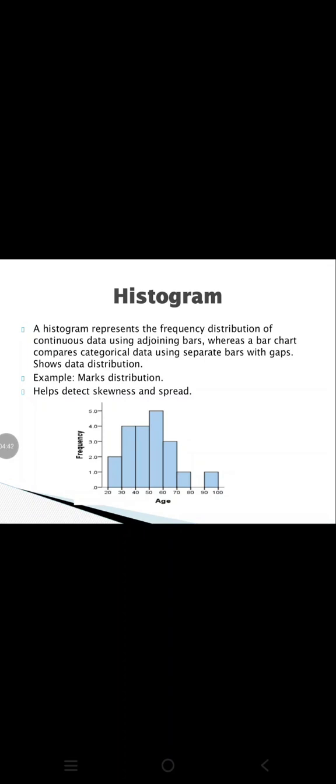Fewer people are seen in the lower age group 20 to 30 and the higher age group above 70. The bars in the histogram touch each other, indicating that the data is continuous. This histogram helps us understand the distribution, spread, and concentration of age values. Hence, the histogram is useful for analyzing continuous numerical data.